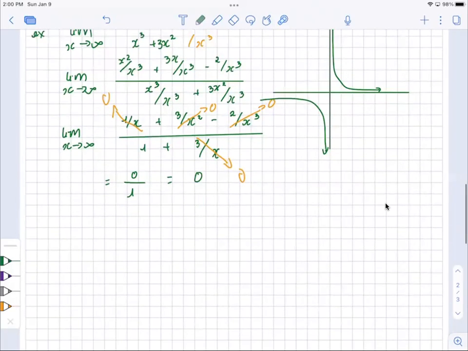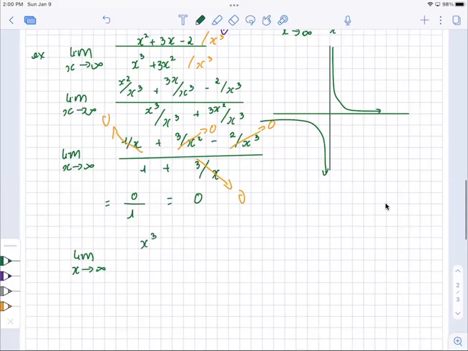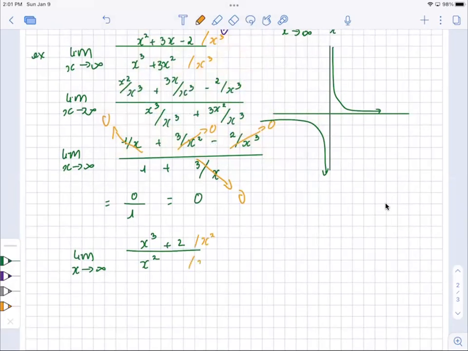So, for an example, if I have the limit as x approaches infinity of x cubed plus 2 divided by x squared, right? If we're using the same method, we're going to divide by the highest power of the denominator, x squared. Then in this one, we're simplifying to the limit as x approaches infinity of the top, x cubed divided by x squared plus 2 divided by x squared, divided by 1, right?